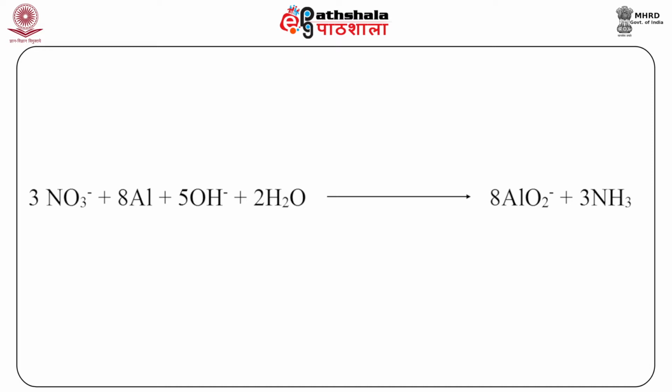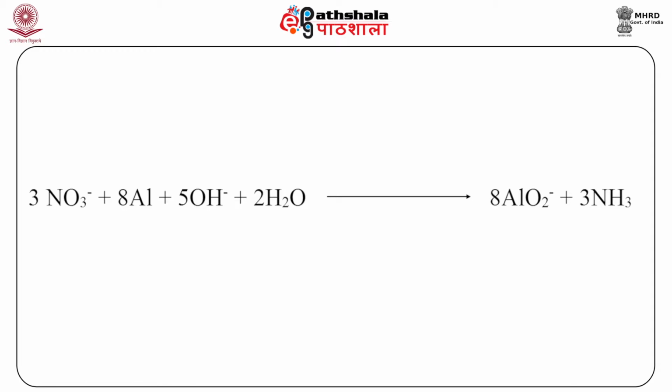This shows the steps involved in the estimation of total nitrates and nitrites, and how nitrate gets converted into ammonia. You can see in this equation: 3NO3- + 8Al + 5OH- + water goes into 8AlO2- and production of ammonia.